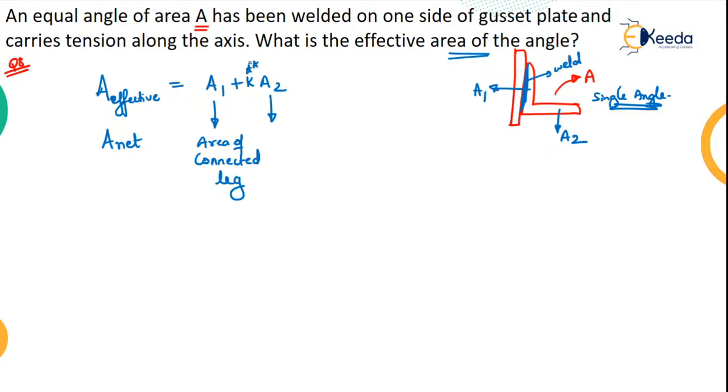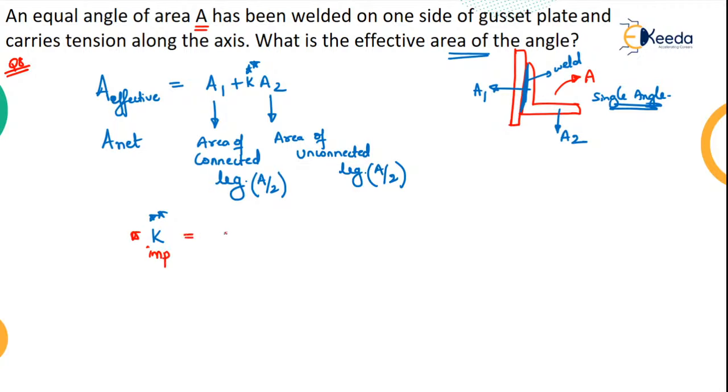This is a very important thing to be noted. So the area of the unconnected leg, again, is A by 2. This also is A by 2. But the value of K is very, very important to solve this question.